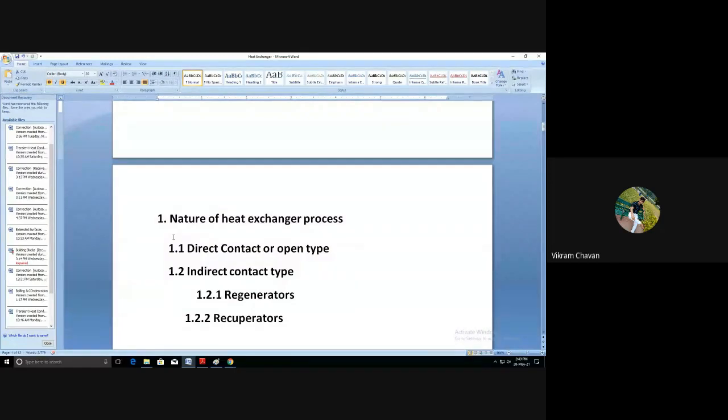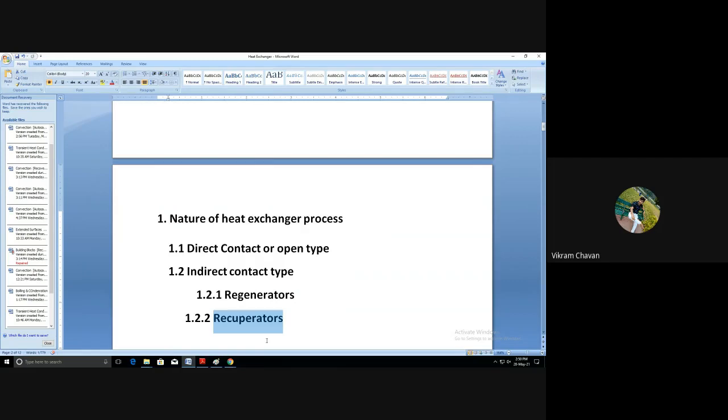The first one is the direct contact or open type of heat exchanger, and the second one is the indirect contact type of heat exchanger. Further, this indirect type of heat exchangers is classified as regenerators and recuperators.